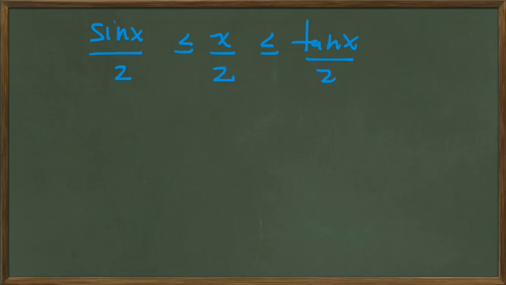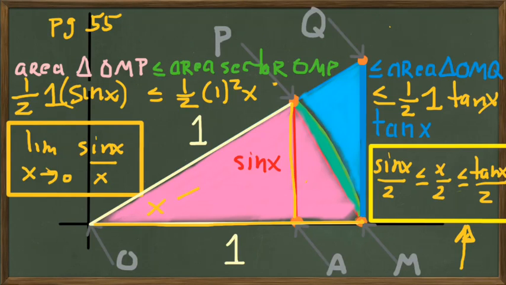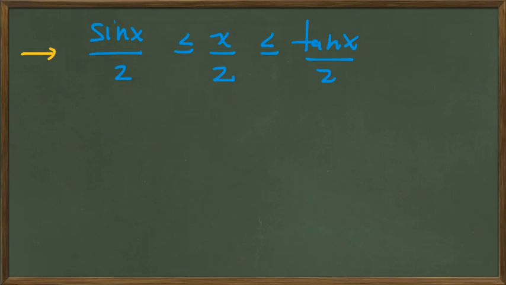So here we have the string of three inequalities that came from the picture on the previous slide, and what we want to do is get sine x over x in between an inequality less than it and an inequality greater than it. So we're going to multiply by 2 over sine x.